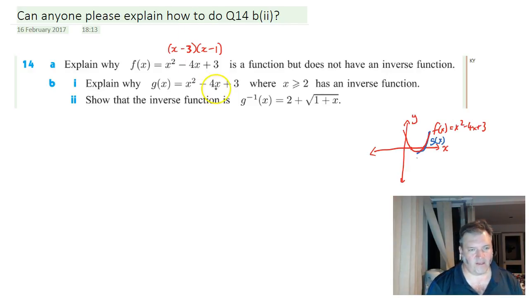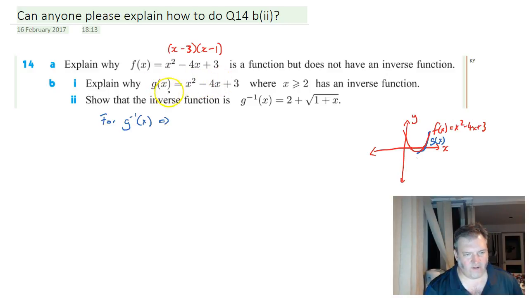Let's find the inverse of g of x. Now, remember we can do this algebraically. So for the inverse function, g negative 1 of x, what do we know? We know that the x and the y have to swap in this, or the g negative 1 of x has to swap with that.